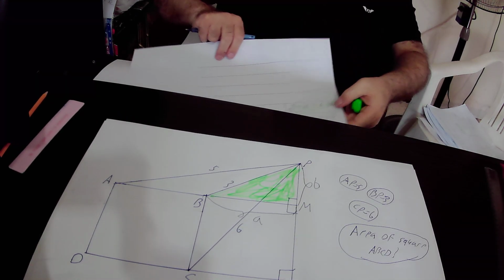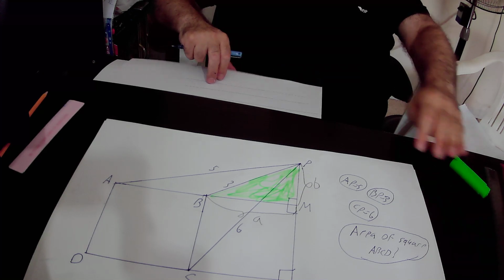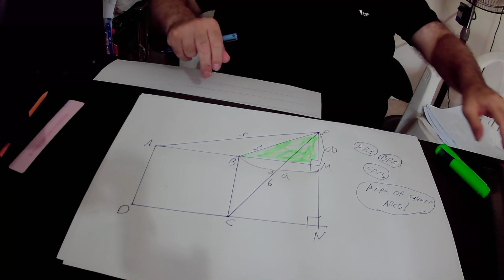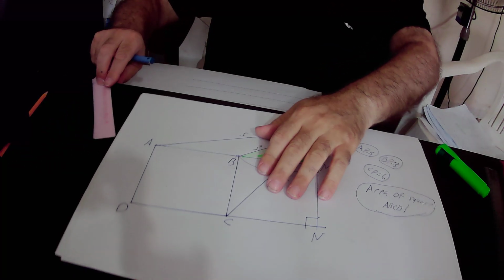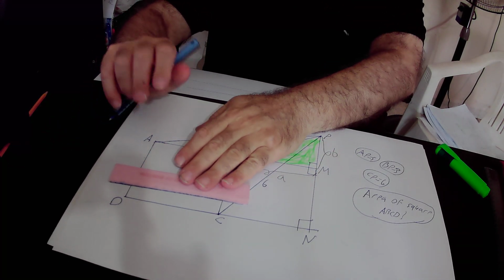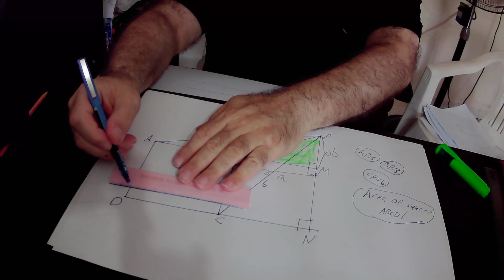You know that all the angles inside the square are right angles. All the angles inside square ABCD are right angles. That is to say, all those 4 angles are right angles.